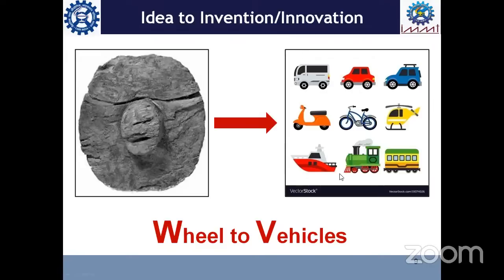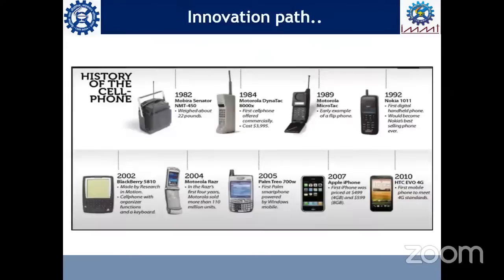And we are in the era of vehicles. The entire path is referred as innovation path or technology path. And in each and every stage of this path, IP is already there as an integral part of its progress.